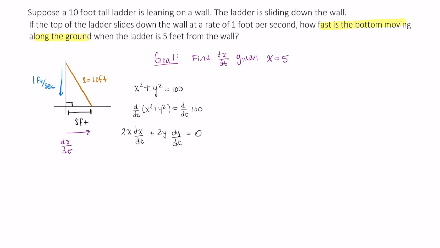Now my goal is dx over dt, so I'm going to rewrite this and solve for dx over dt. That is, I'm going to get this by itself, almost like you would in a normal basic algebra class. If you had 3x plus 2 equals 0, you want to get x by itself. In our case, we want to get dx over dt by itself. So 2x dx over dt is equal to negative 2y dy over dt.